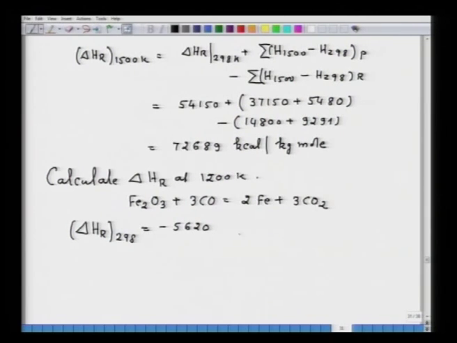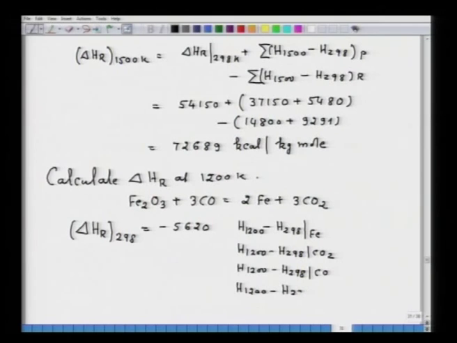I have to give you H 1200 minus H 298 for iron, for CO2, for carbon monoxide, and for Fe2O3.